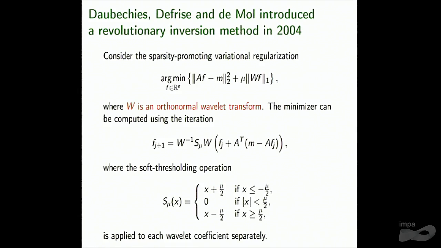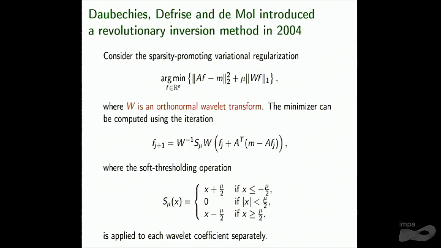So our starting point was this paper I mentioned already on Tuesday by Daubechies, Defrise, and De Mol, where they provided a proof of this iterative sparsity promoting regularization method where, let's see, the goal is to minimize this kind of regularization functional, where this is the standard data misfit term. And here we have a wavelet transform of f and a one norm. So this is actually just the sum of absolute values of wavelet coefficients.